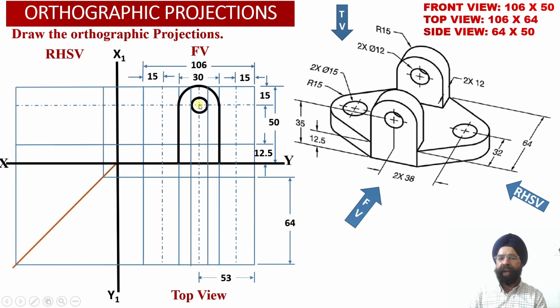So through this center point, using a radius of 6 millimeter or a diameter of 12 millimeter, we have marked the circular hole which exists in element number 2, the vertical web, which happens to lie onto the front side of the solid, and a circular hole which exists in element number 3, that is the vertical web, which is going to lie onto the rear side of the solid. And we must remember that because of the symmetry, these two holes are going to overlap with each other into the front view projections over here.